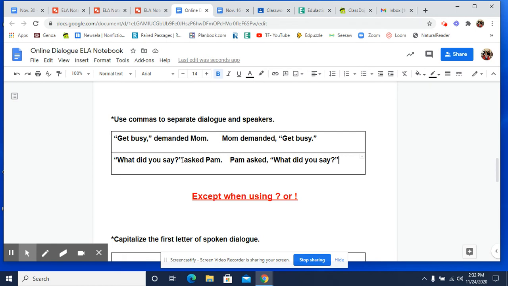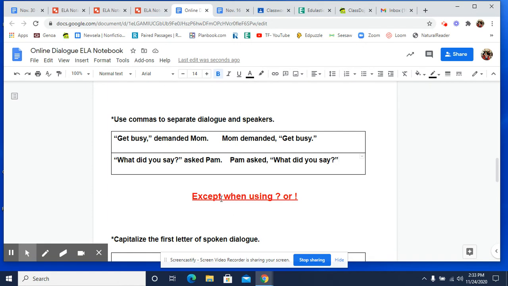It's just that in this one you have the tag after the quote, and in this one you have the tag first, before the quote. Okay. All right. And you would do the same thing if you used an exclamation. You'd put an exclamation there, space, and it'd still be the same sentence.